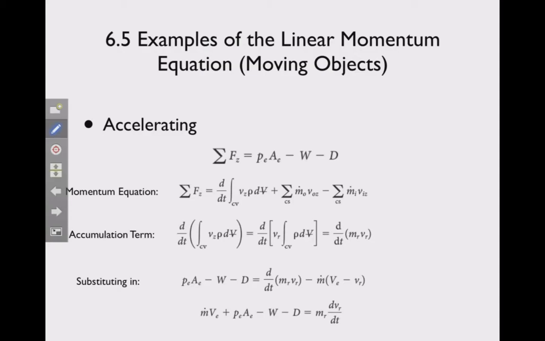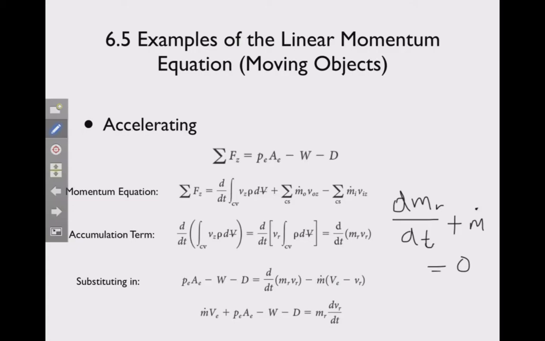If you look in the book, you'll see that the book uses the continuity equation to show that the rate of change of the rocket's mass plus the outflow, basically the mass flow rate, has to equal zero. So as the rocket loses mass, that has to equal minus the outflow.